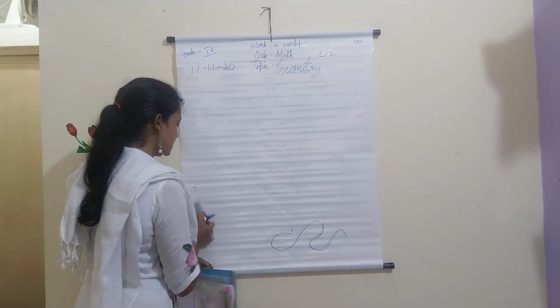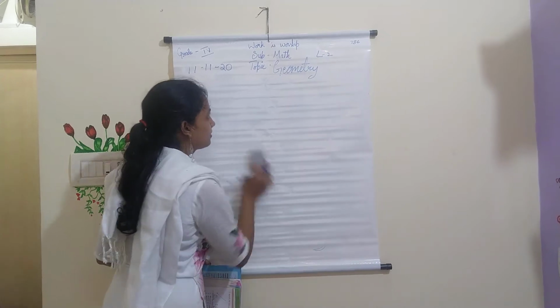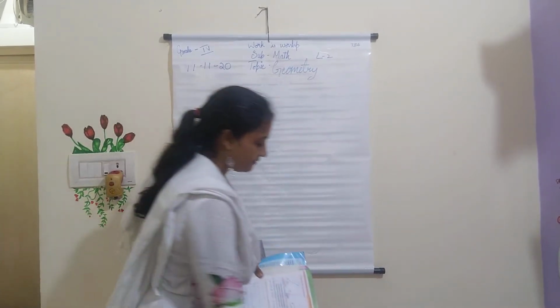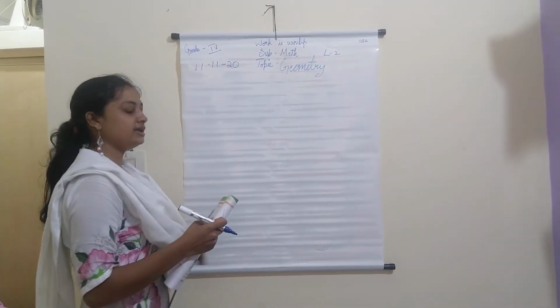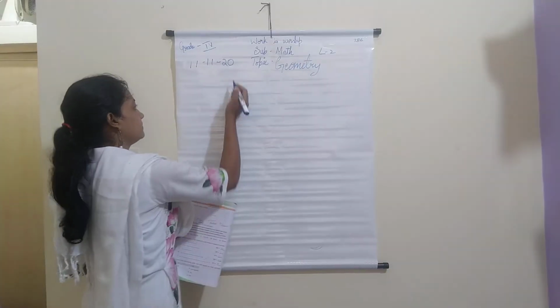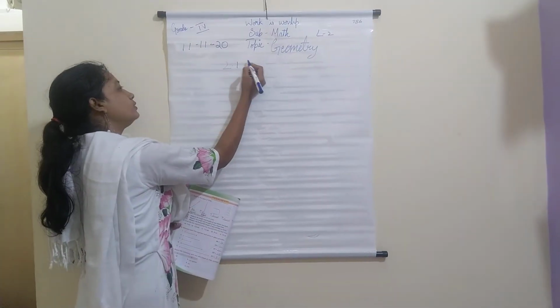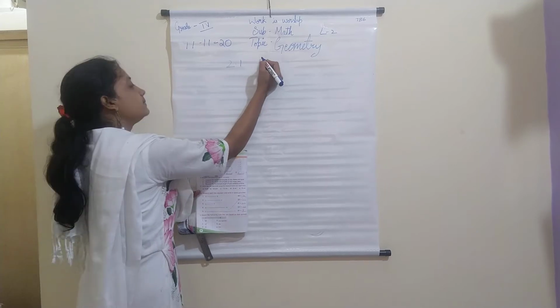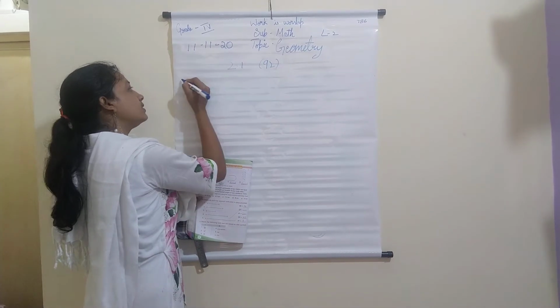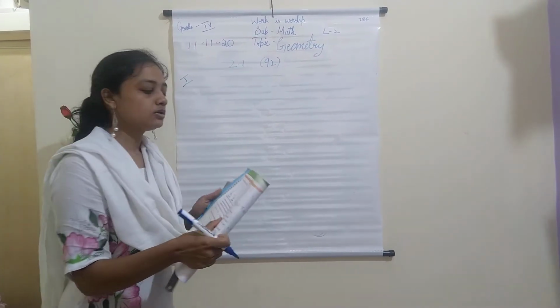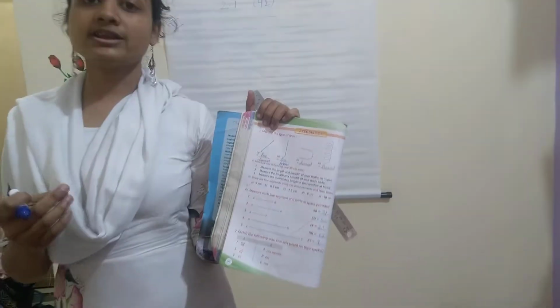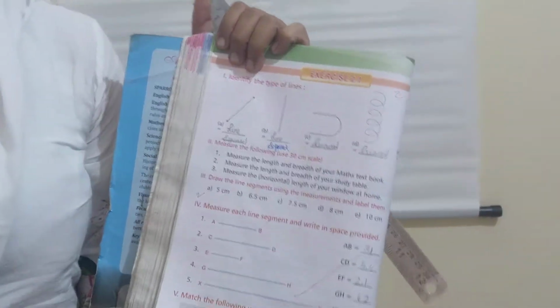So what is the first question there? The first question is to identify the types of line. Exercise 2.1, page number 92. First question. You would have learned different types of lines in your previous class. So let me revise once again.